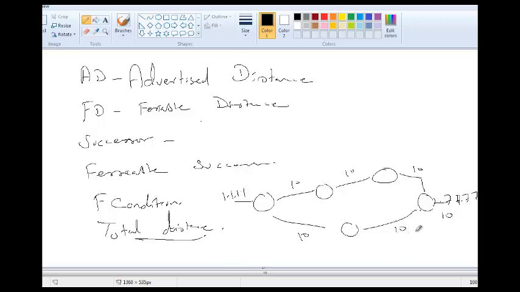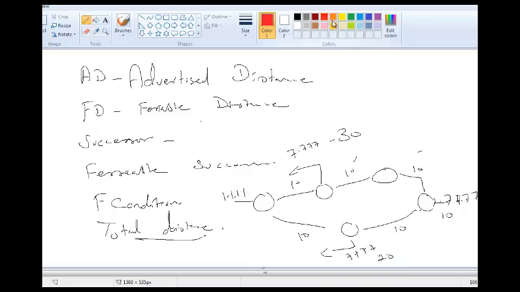Now this router will advertise saying, I have a route to reach 7.7.7.7 in my routing table, and the cost to reach it is 10, 10, 10, 30. And this one will advertise saying, I have 7.7.7.7, the cost to reach is 20.